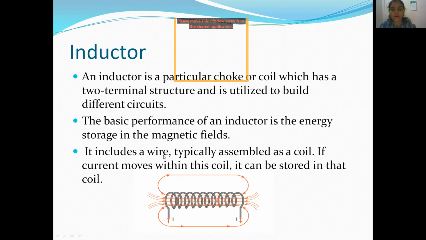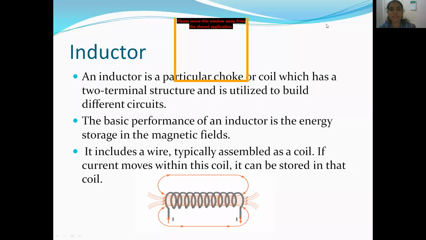It includes a wire typically assembled as a coil. If current moves within this coil, energy can be stored in that coil. A perfect inductor operates like a short circuit to direct current and provides an alternative force that is based on the frequency of current.